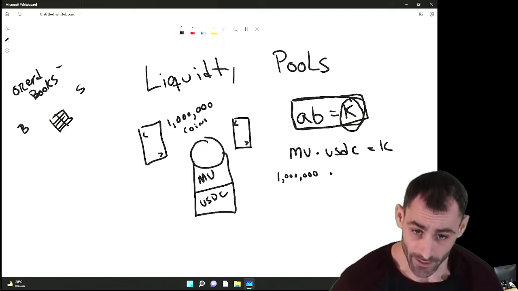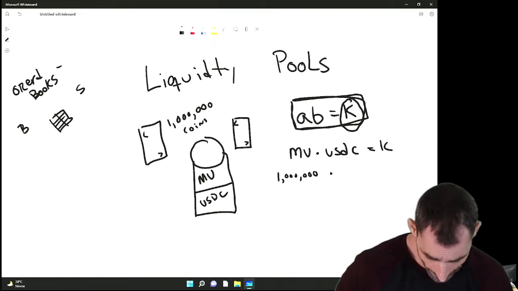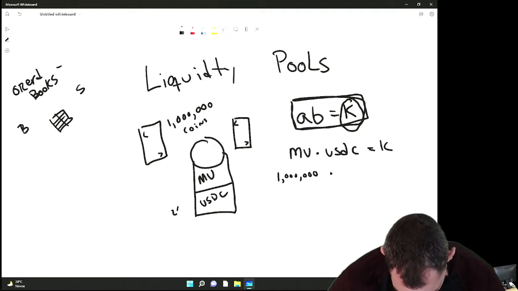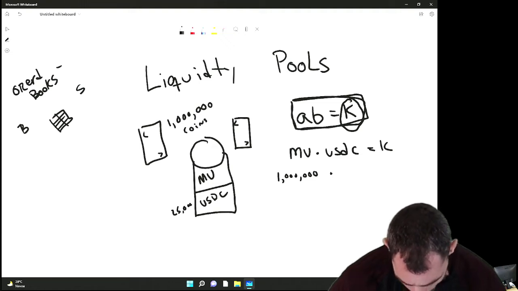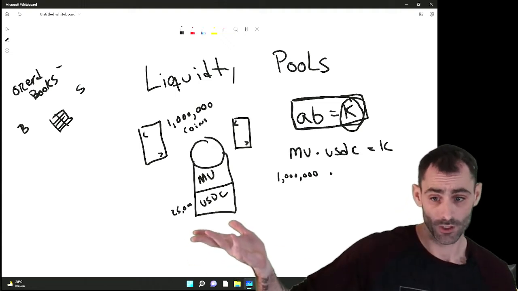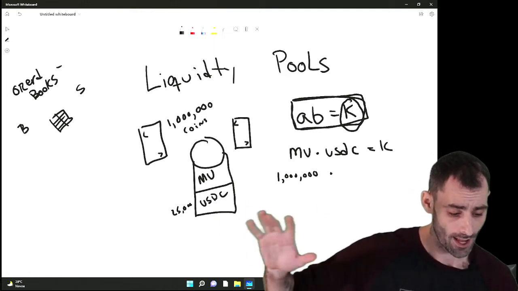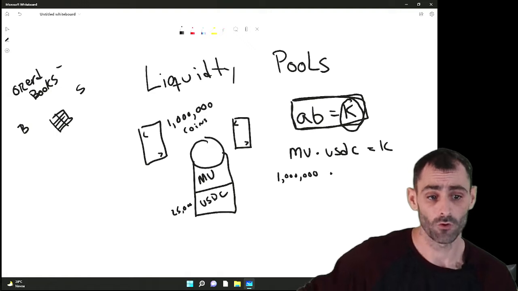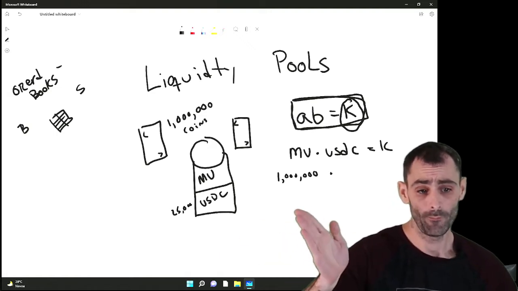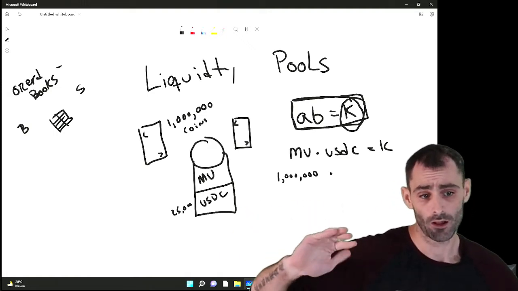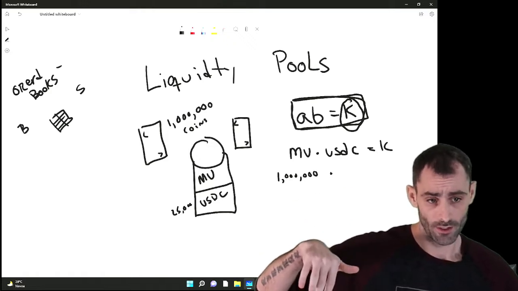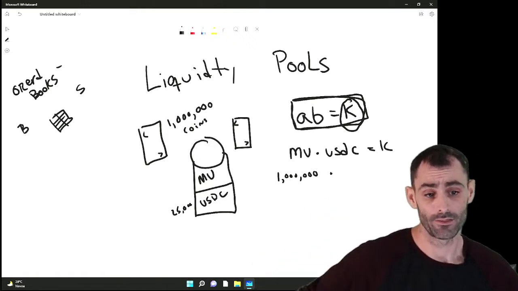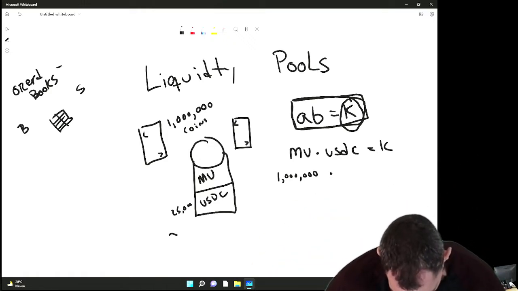and then I paired them with 25,000 USDC coins. I bought these on the market. I bought some United States dollar coins, which is another crypto asset. I bought 25,000 of them, which are stable coins. We'll talk about those in another video, but they basically are pegged to the United States dollar and are always worth $1, give or take 1/10 of a cent.